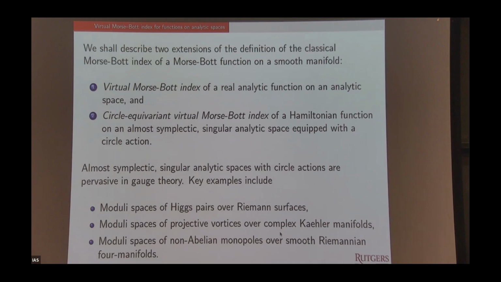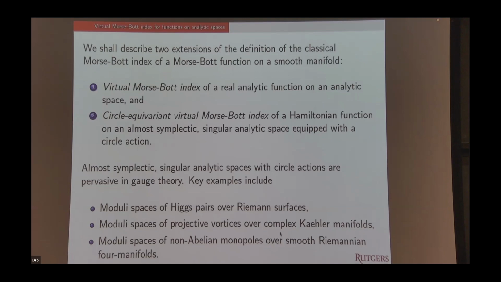So we're going to describe two flavors of this concept. One is much easier to describe, and it's possible to illustrate the idea using nice pictures. The version that we actually use occurs when we have a circle-equivariant setting, and that's the important one.